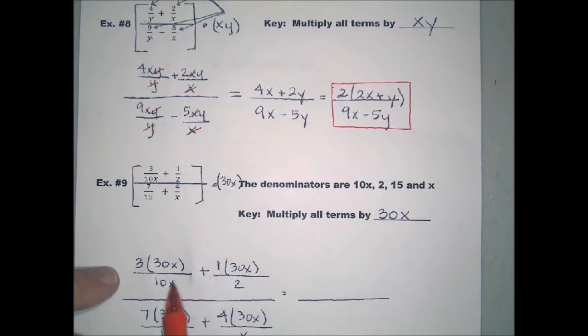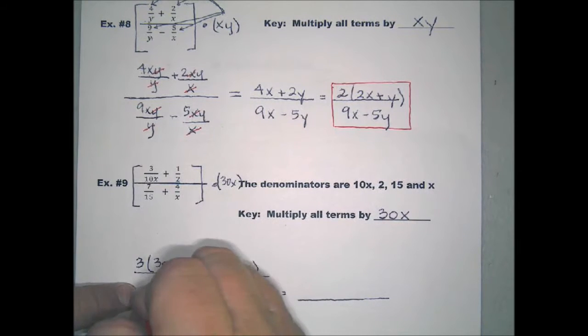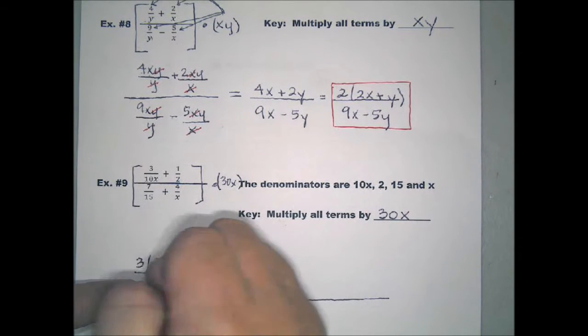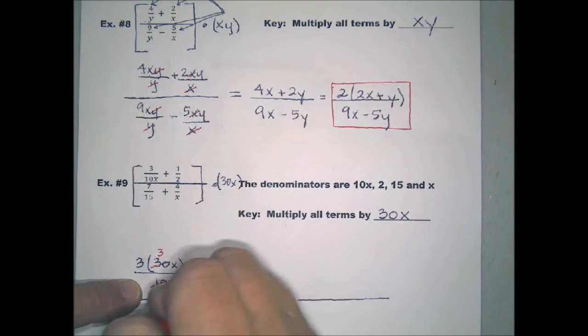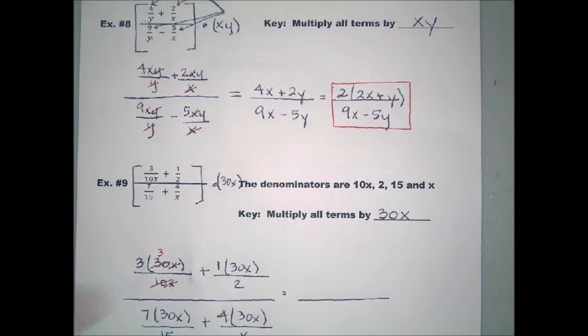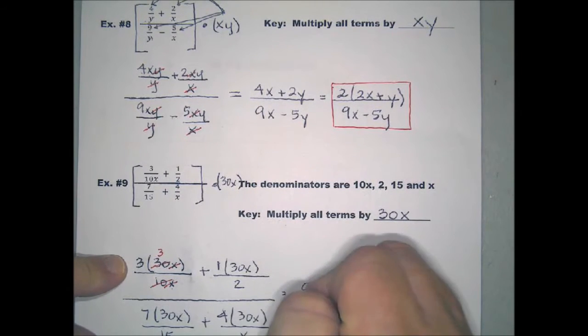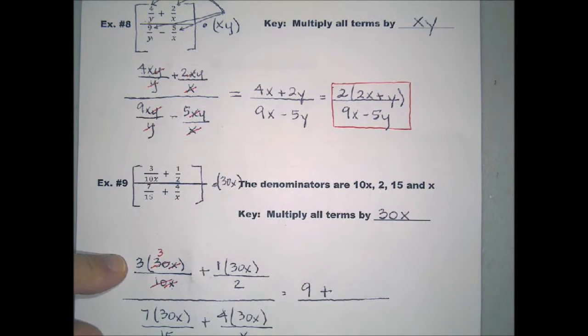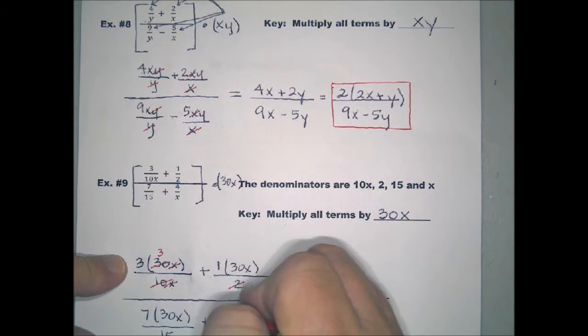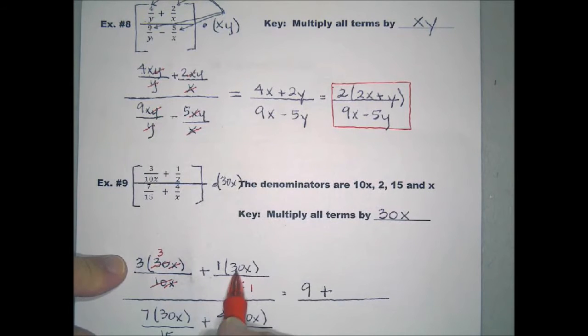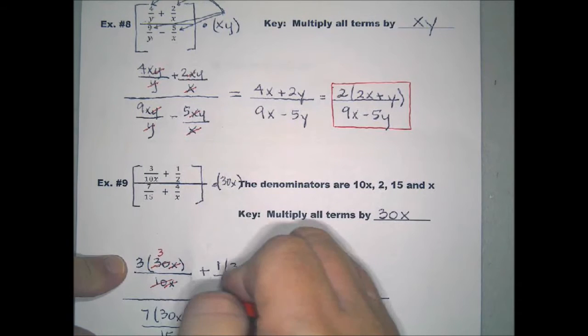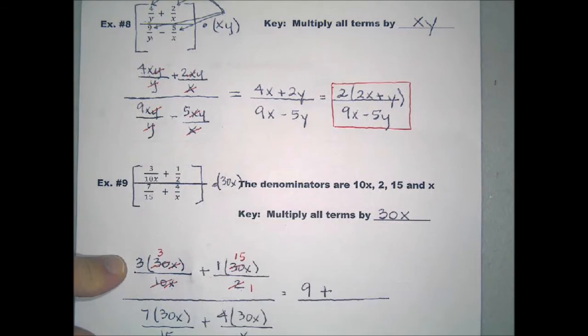Okay, now we're going to start cleaning up. On this one, the 10 and the 30 can reduce. That 10 would become a 1, that 30 would become a 3, and those x's can both reduce each other away. So this first fraction is simply 3 times 3, which is 9. Now on this one, the 2 and the 30 can reduce to become a 1 and a 15.